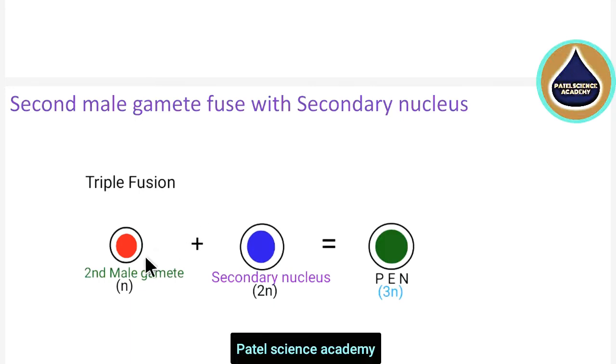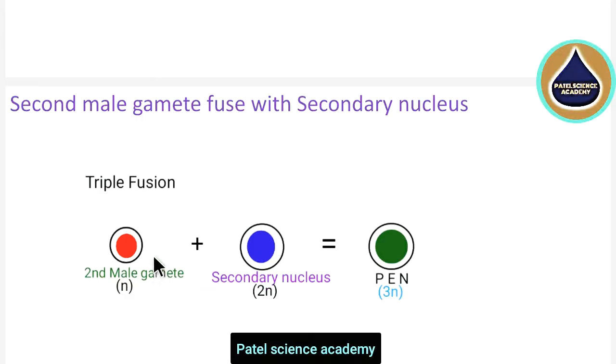And what happens with this second male gamete? It is going to be fused with the diploid secondary nucleus as it is present in the embryo sac, there are 8 cell structure. This secondary nucleus at the center, there are two in number, that is why it is diploid. So this is the haploid second male gamete, and these are the secondary nucleus.